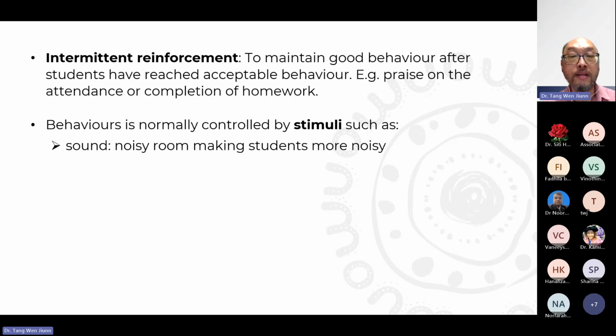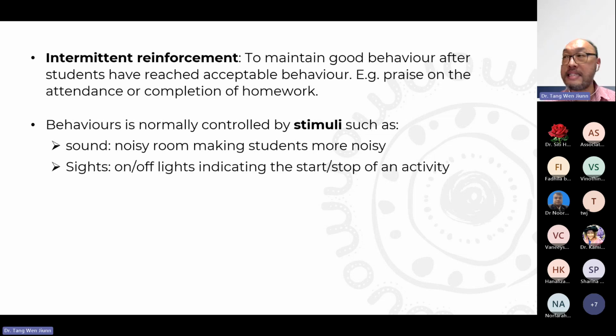If the room is noisy, the students will become even noisier, because they will talk louder so they can hear each other. If we can make the room quiet, then the students will be calmer.